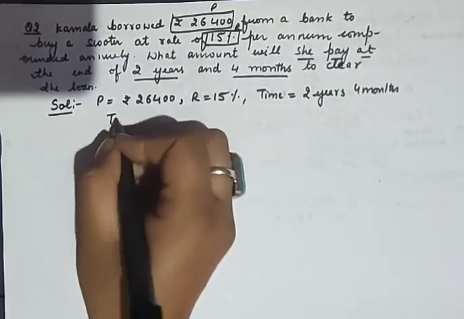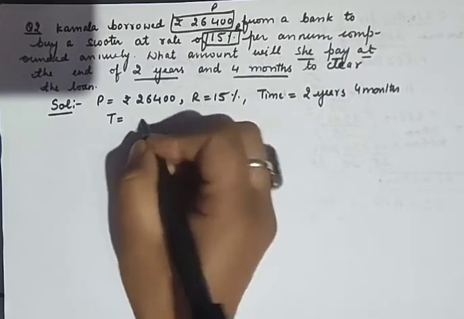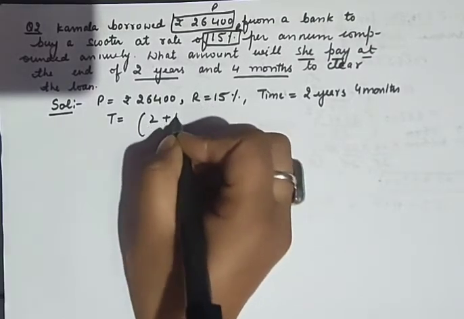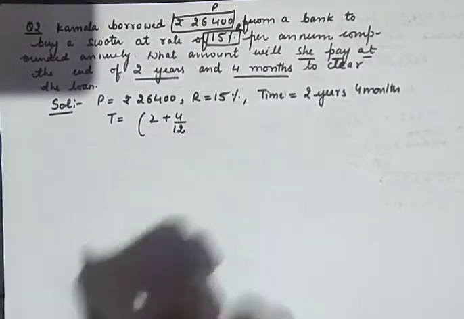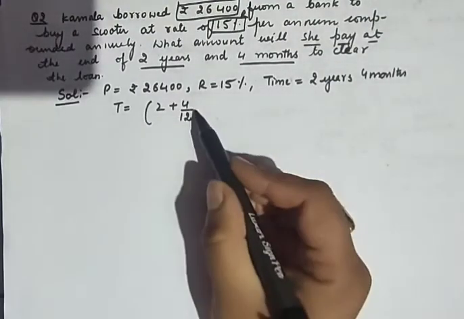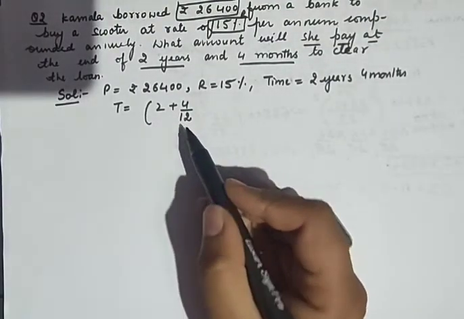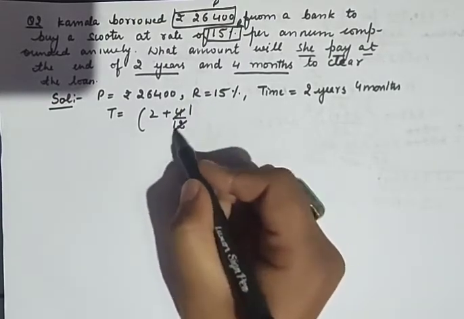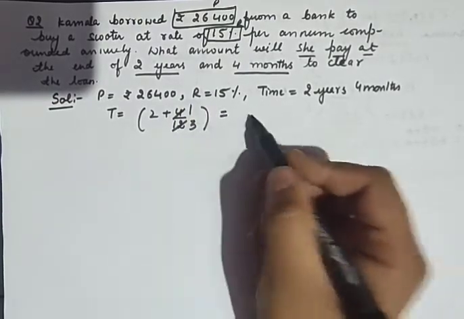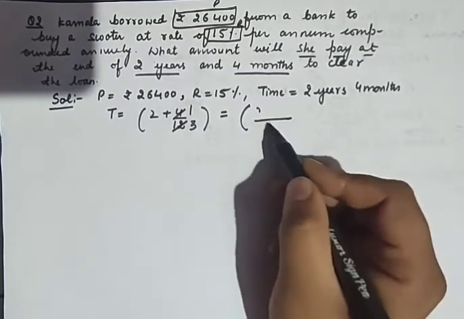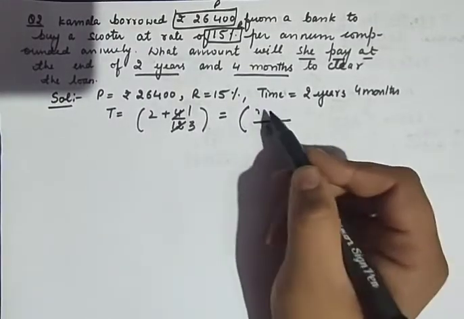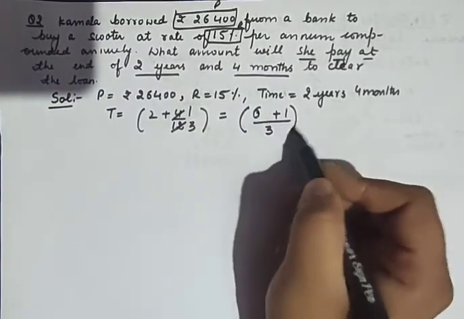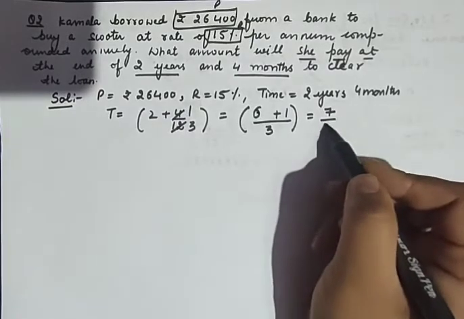So you can say that your time is 2 plus 4 by 12. I have written 4 by 12 because in a year there are 12 months, so I am calculating my 4 months in terms of years. If I add this, taking the LCM of 3, it is 6 plus 1, so my answer is 7 by 3 years.